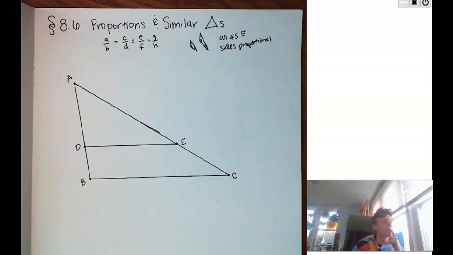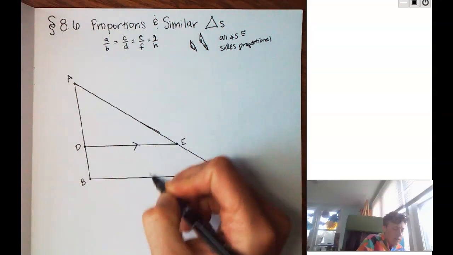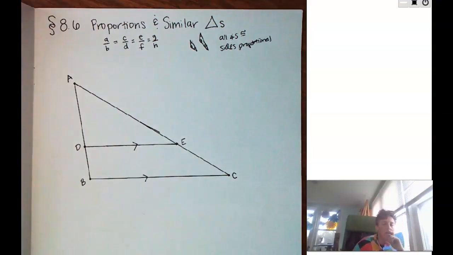How do I know? Well, I made parallel lines, and in doing so, I made some corresponding angles that were congruent.